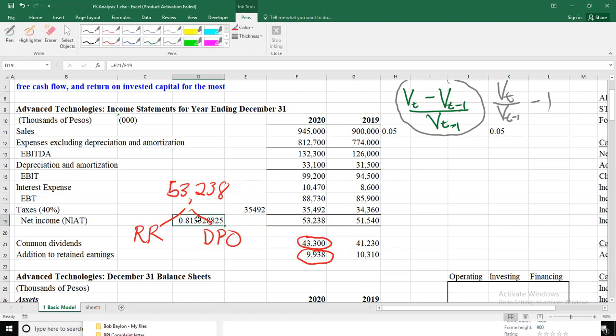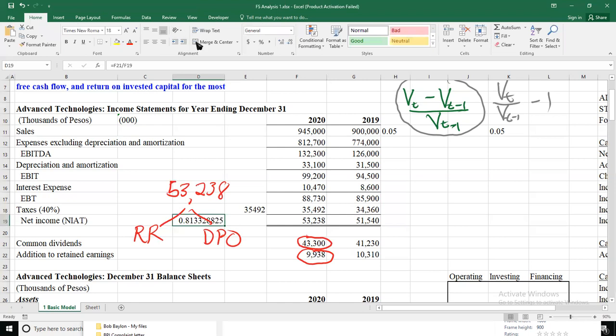So that's around 81%. 81% yung issued as dividends. Okay? 43,300 out of 53,238. Therefore the retention rate, we know, guys, is just 100% minus 81.3. So that's around 18.7 approximately.